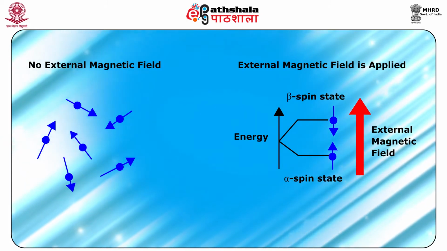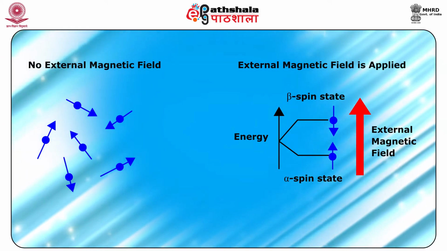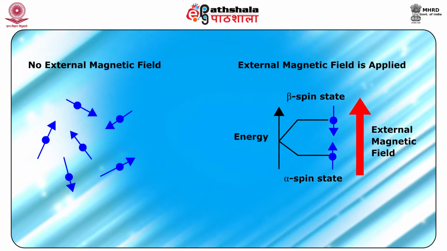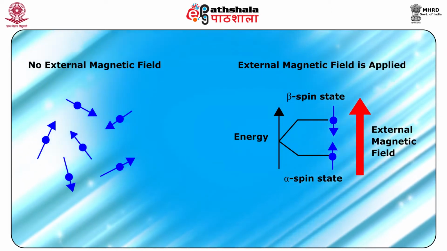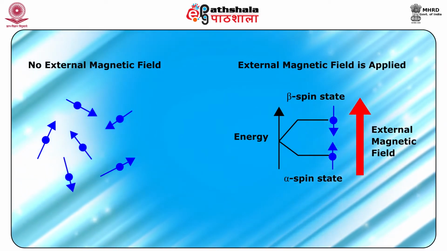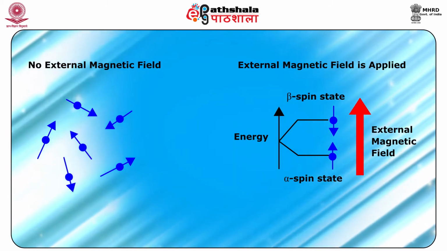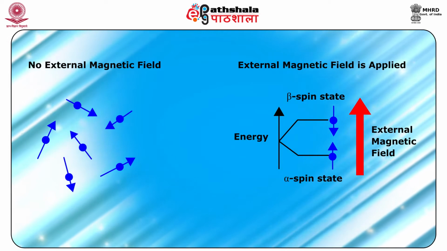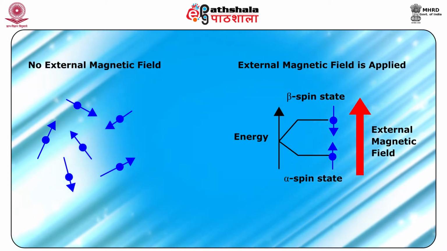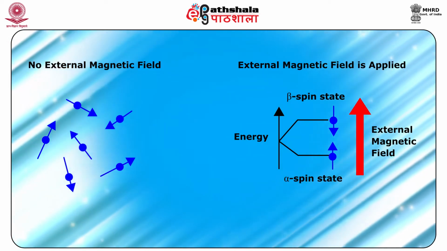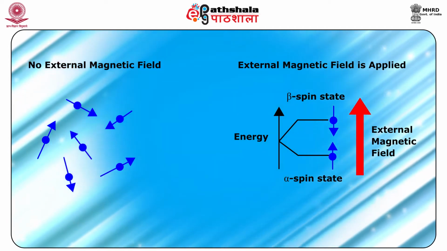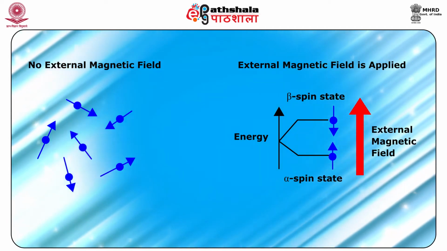In the presence of an external magnetic field, some of the nuclei arrange themselves in the direction of the external magnetic field, while others in the opposite direction. More energy is required for a nucleus to align against the external magnetic field than to align it with the external magnetic field.